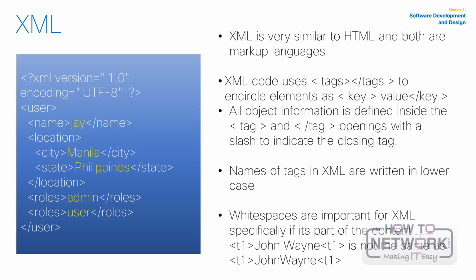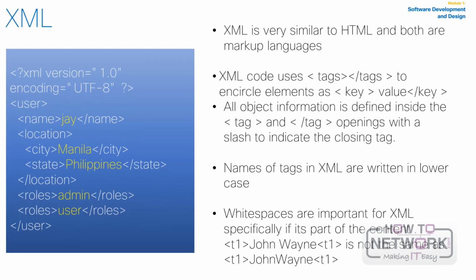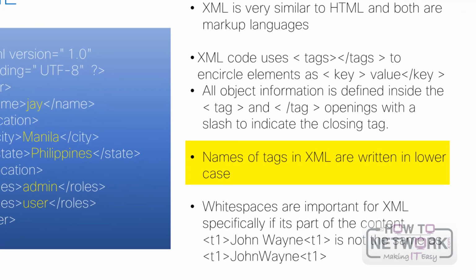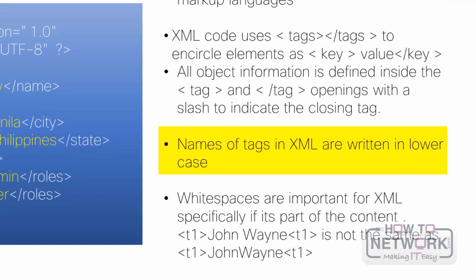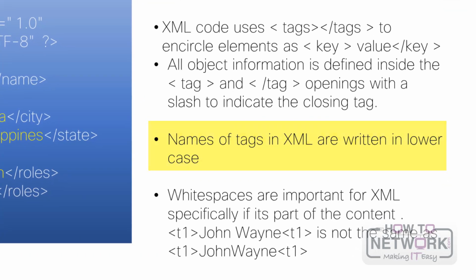For example, a lowercase tag and an uppercase tag would not work properly, whereas a lowercase tag with a lowercase tag, or an uppercase tag with an uppercase tag, would work perfectly. Note that the name of the tag is the same, and it only differs in case. Usually the names of the tags in XML are all written in lowercase.